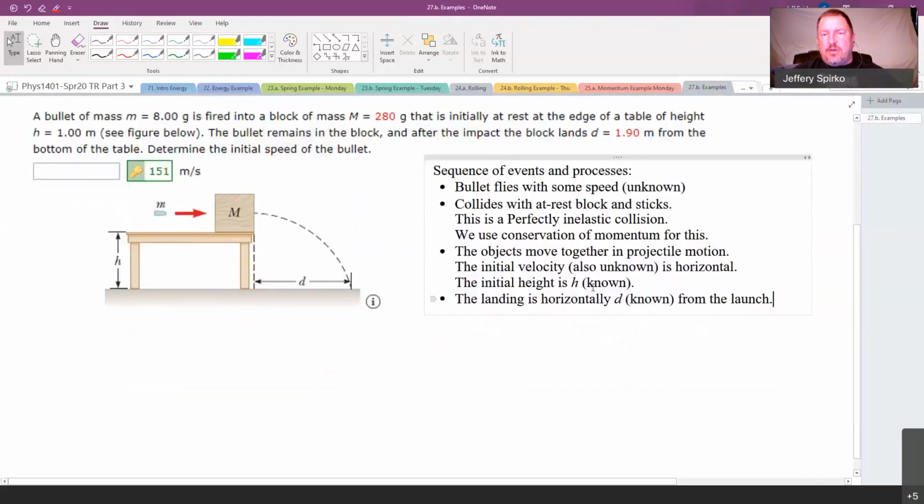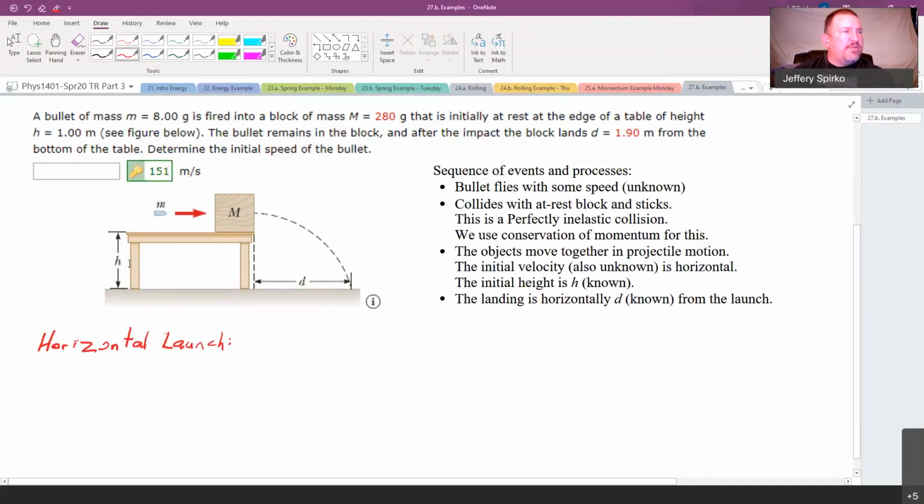So we tend to know more about the end of this situation, so we're going to have to calculate backwards. So first, the horizontal launch.